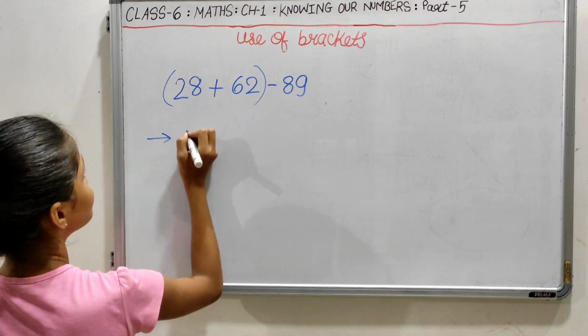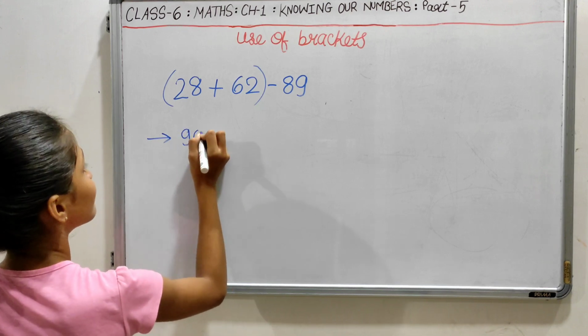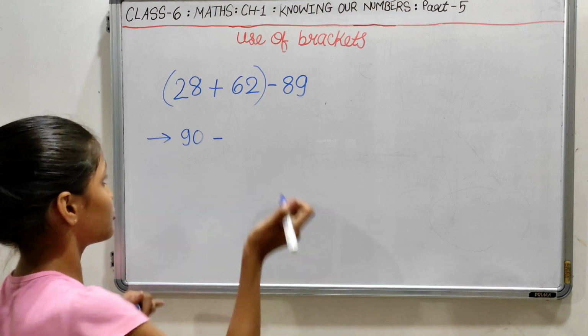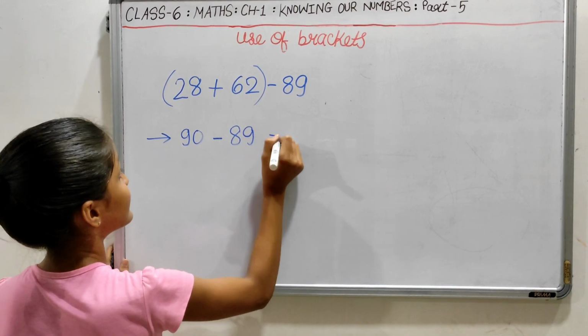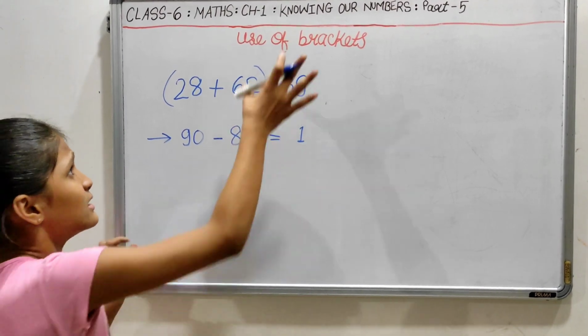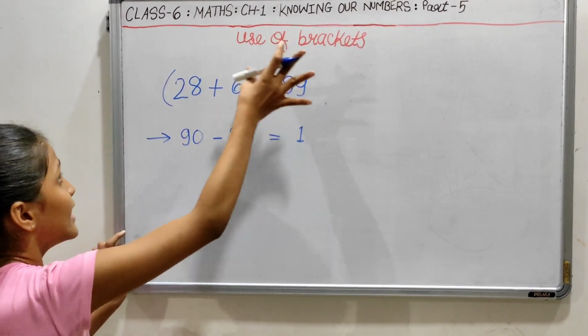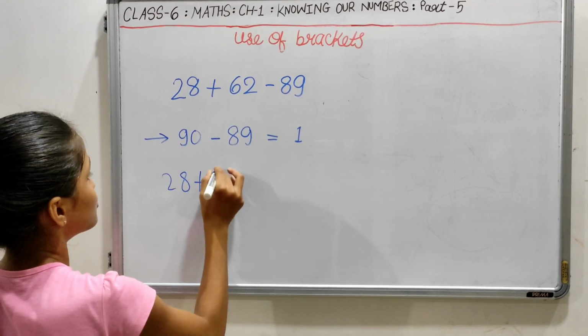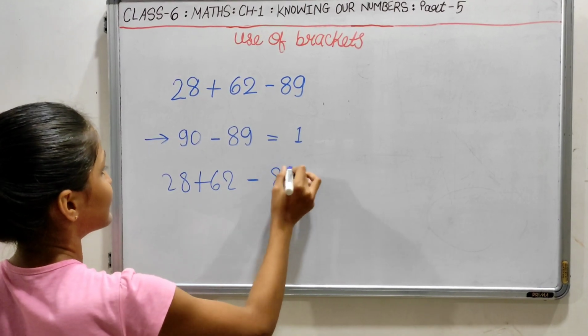We get 90 minus 89. Now we will do the operation outside. Minus 89, we get directly 1. Now if we remove the brackets, it would be such a long method. First we will add 28 plus 62, then subtract 89.